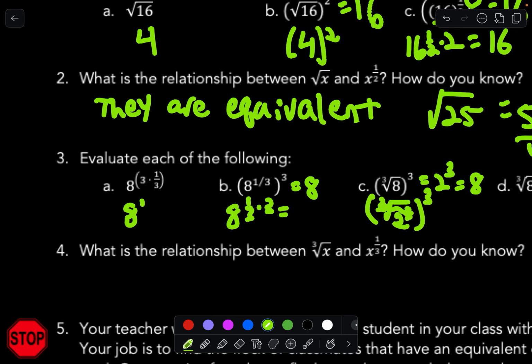So you see, raising a cube root to the 3rd power, they are opposites, they are inverses. They undo each other and just give you what's inside the radical. By the way, 8 is inside the radical. They call that the radicand. Okay?